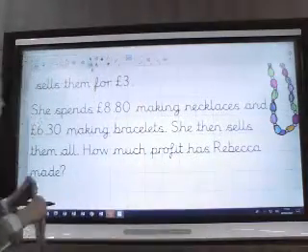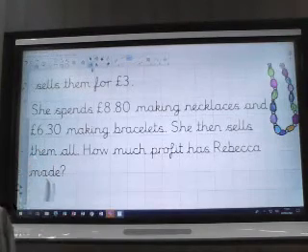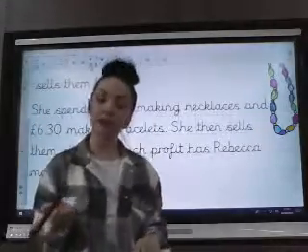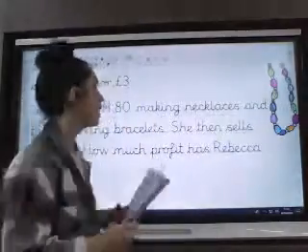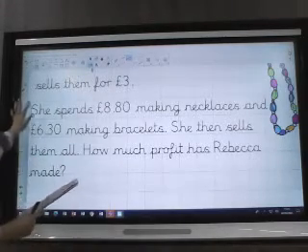Okay. So let's have a look then. So it's asking, how much profit has she made? So we're going to have to work out how much profit she's made on the necklaces, how much profit she's made on the bracelets, and add them together, aren't we? So let's straight away figure out.